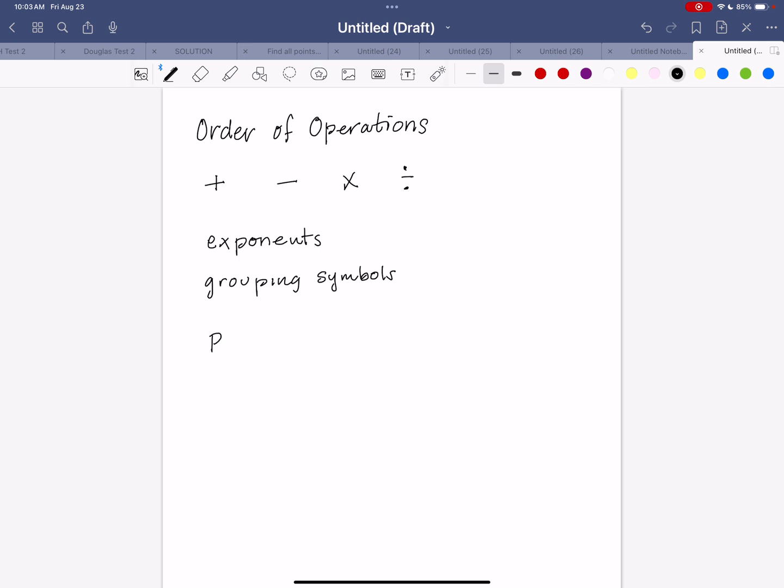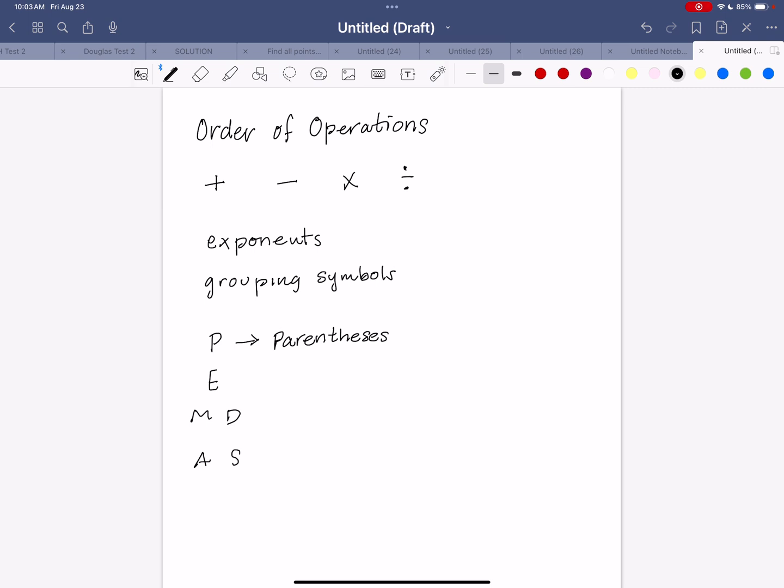There's a little rhyme. Please excuse my dear Aunt Sally. Now notice how I put multiplication and division on the same row, addition, subtraction on the same row, and I'll explain that when we get to that. Now the P usually stands for parentheses, and in most cases that might be the only grouping symbol we see.